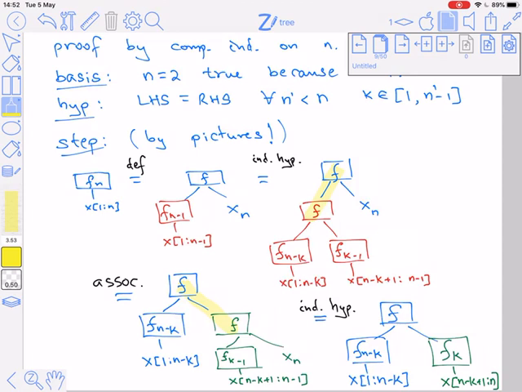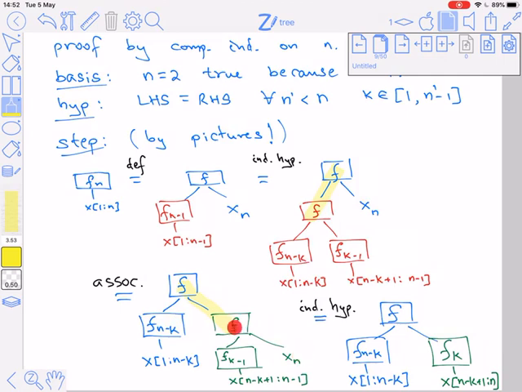Now look at the green part. The green part, we can apply the induction hypothesis to it, because it applies to n, which equals, in fact, k, because we have here k minus 1 bits and 1 bit. So it's n here equals k, which is, of course, less than n, so we can apply the induction hypothesis.